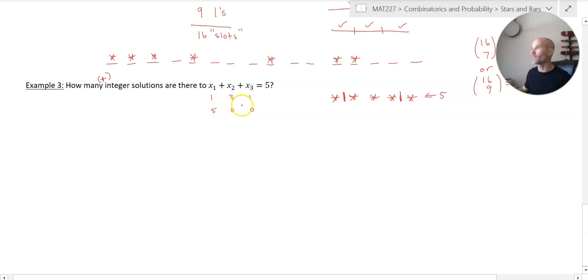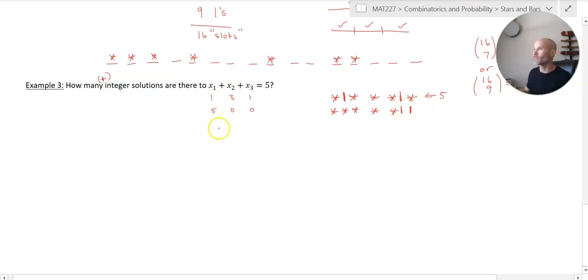How would we represent 5, 0, 0 if we took on that same approach? Well, that would mean that x1 gets 5 stars. We're done with x1, so we'll end that with a bar. Now, how many stars does x2 get? Well, there aren't any left to be had, so x2 will get 0 stars, and now we're on to x3, and x3 is also going to get 0 stars.